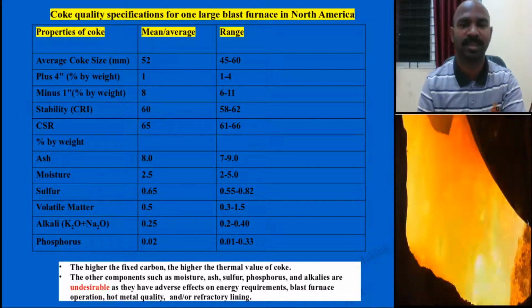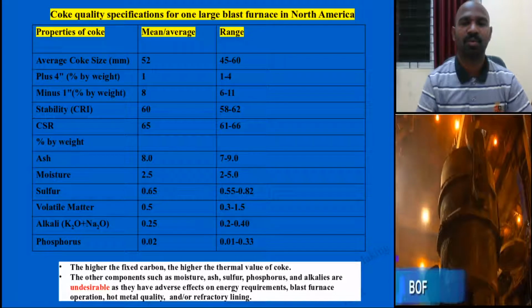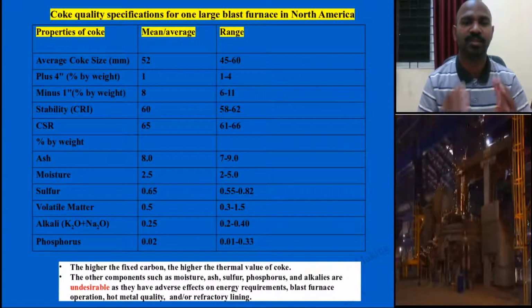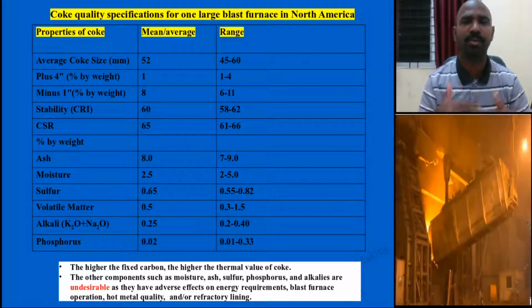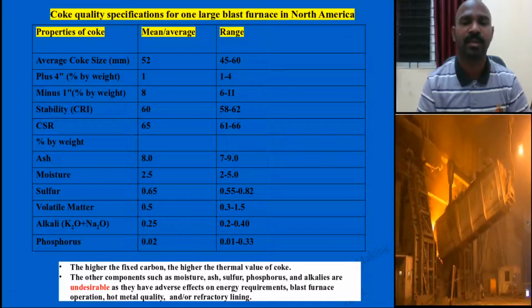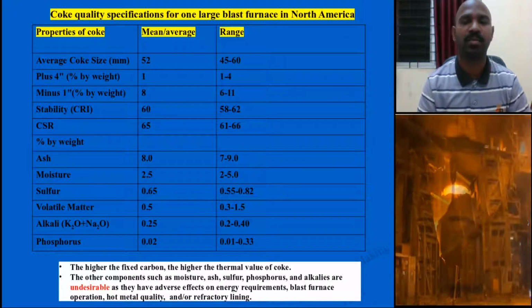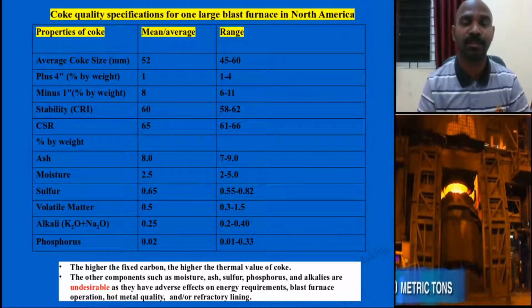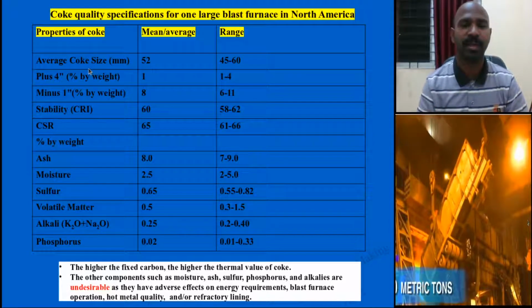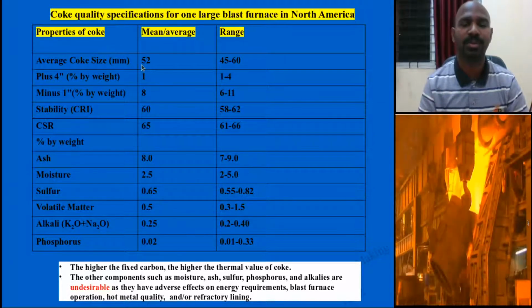Now let me take one example to assess the coke quality used for blast furnace pig iron production in Northern America. The properties may be, for example, coke size. The average is supposed to be 52.